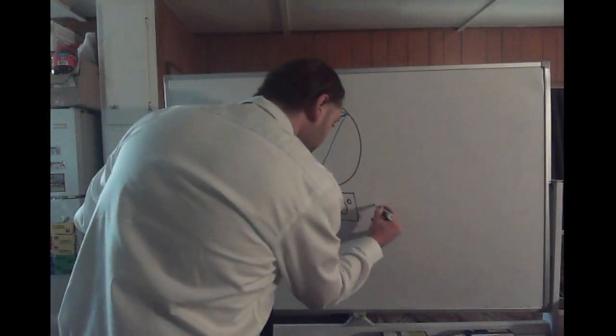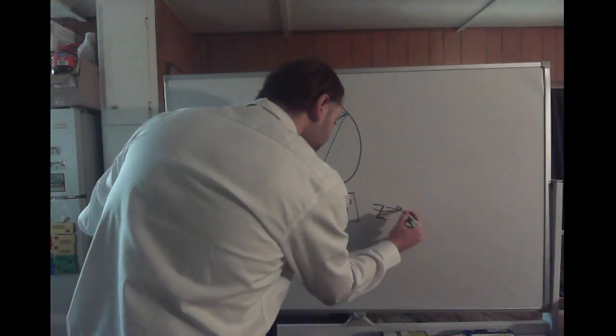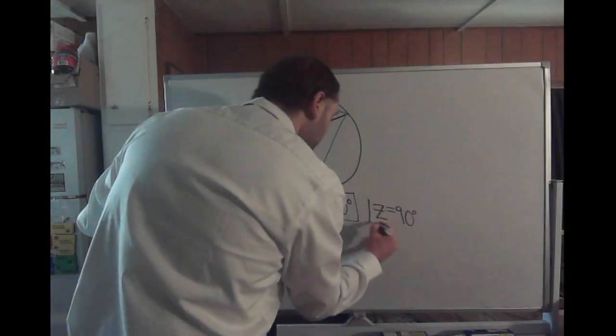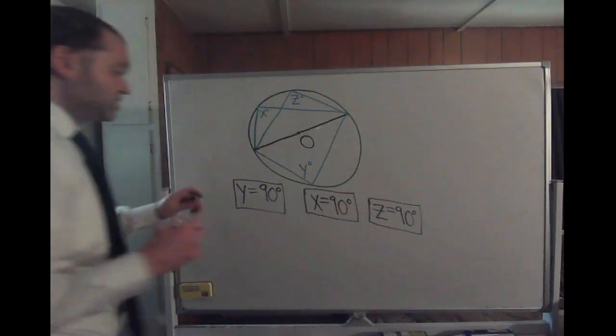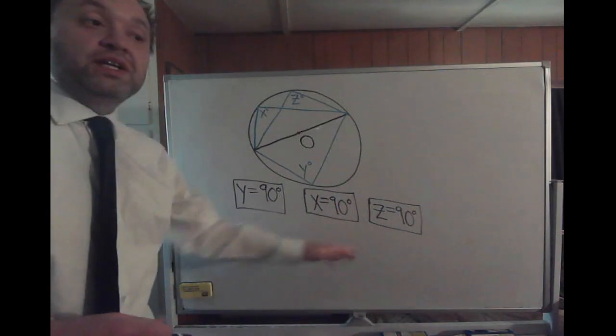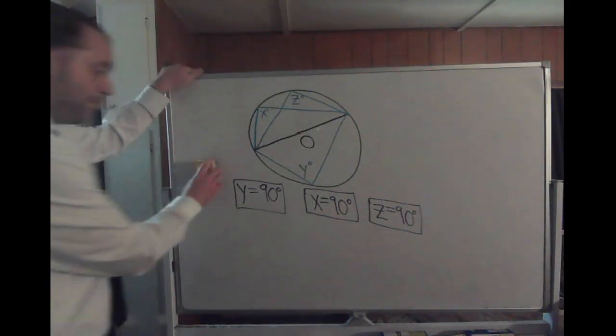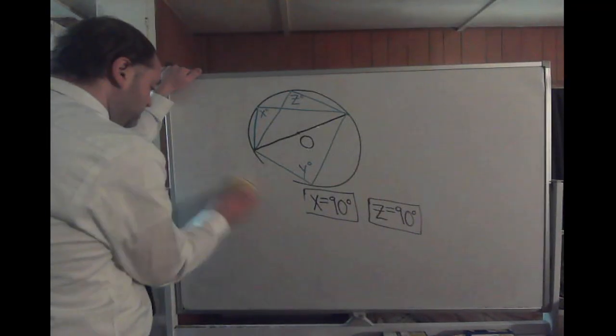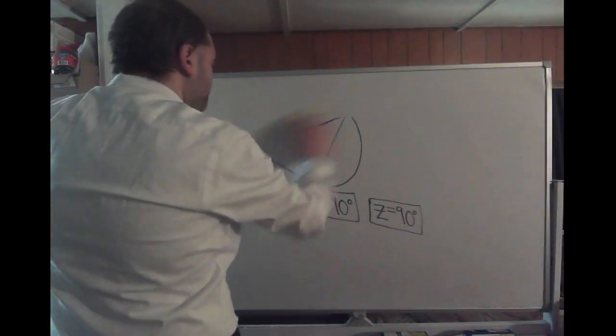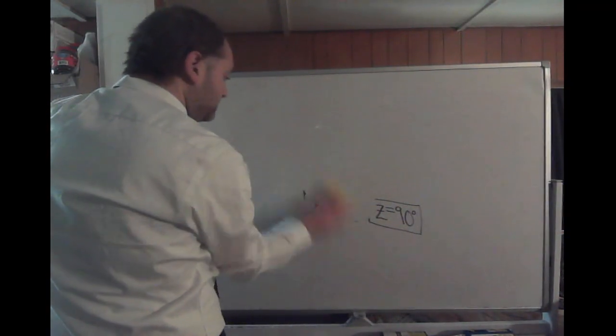So either way, you'll get z equals 90. So what you should have gotten was all 3 angles are equal to 90 degrees. All right, 3 more. Home stretch here coming up.